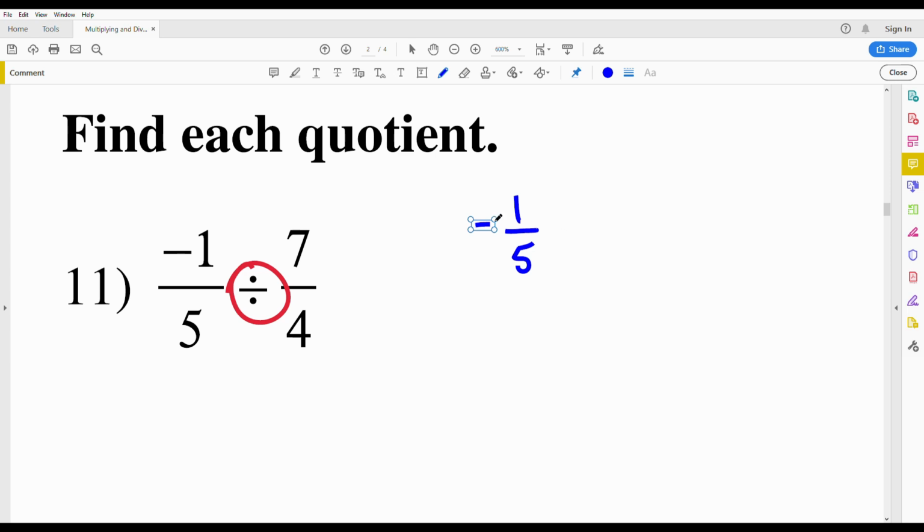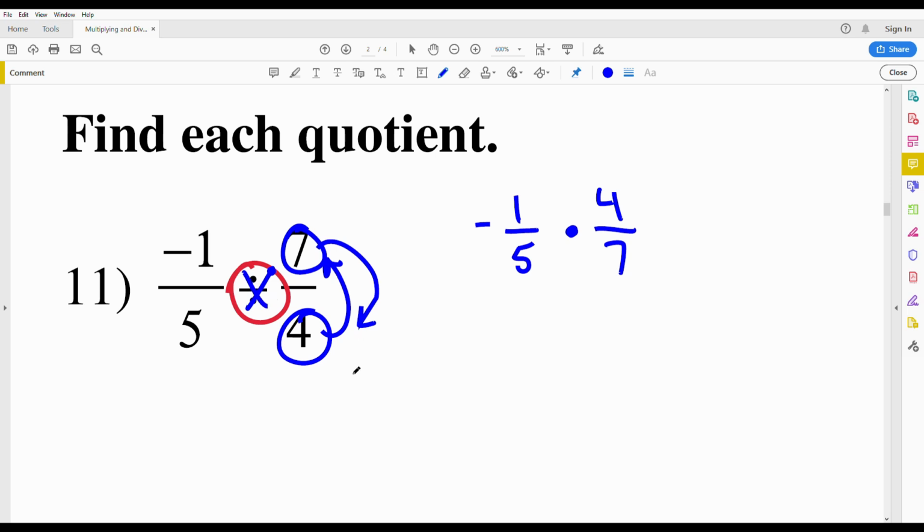And remember, dividing by a fraction is the same as multiplying by the reciprocal, so I'm going to flip it. Dividing by 7/4 is the same as multiplying by 4/7. So you see, my 4 went into my numerator, my 7 flipped to my denominator. And then this division turned into multiplication. So dividing by a fraction is the same as multiplying by its reciprocal.